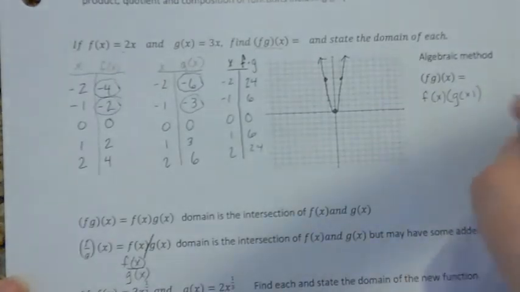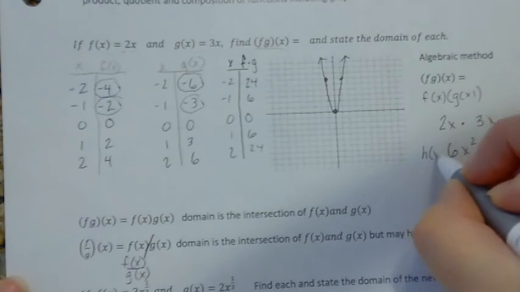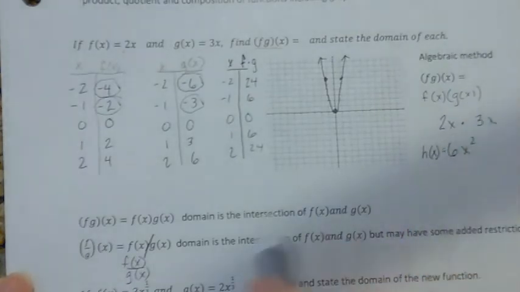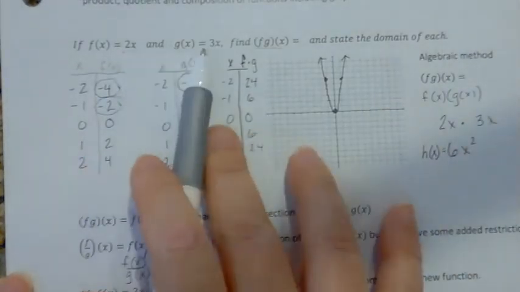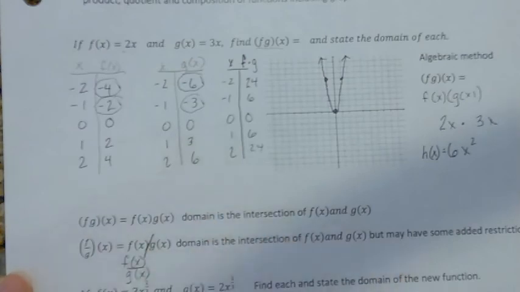And the f function is 2x times the g function, which is 3x. And 2x times 3x is 6x squared. So the new function that was created by multiplying this linear function times this linear function is a quadratic function. So that's the new function that's created by multiplying those two beginning functions.